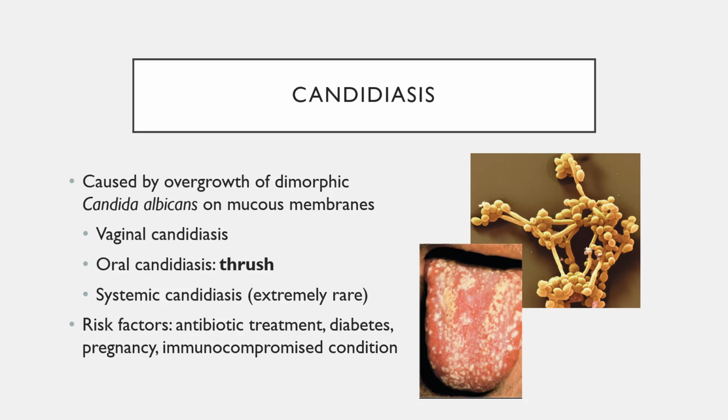So by wiping out all the good bacteria and leaving the fungus behind, this gives Candida albicans the opportunity to proliferate and grow and develop into an infection. In addition to broad-spectrum antibiotic use, other risk factors for candidiasis include diabetes and pregnancy, as well as being immunocompromised.